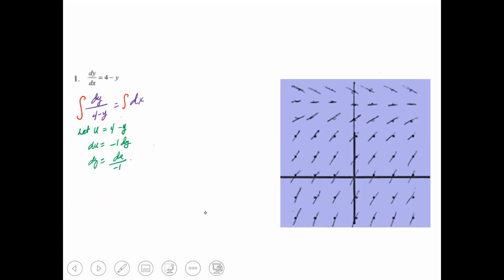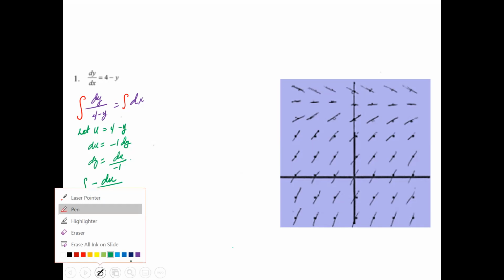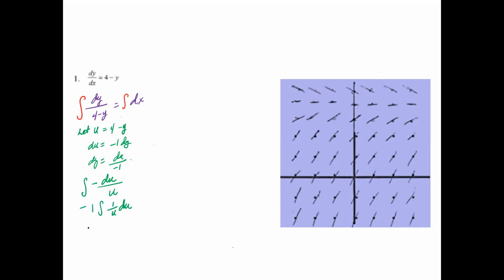So let's go ahead and rewrite this. Change the dy to negative du divided by u, which is the same thing as negative 1 integral 1 over u du. If you look at this, doesn't that remind you of ln u? So that's just going to be negative ln u, which is 4 minus y, equals the integral of 1 dx, which is just x plus c.